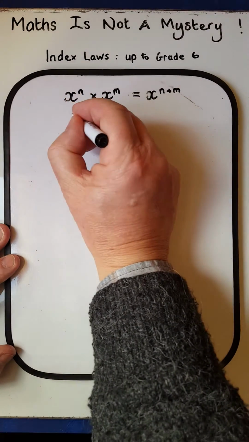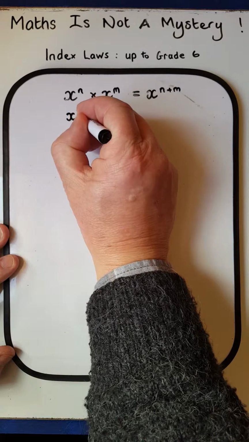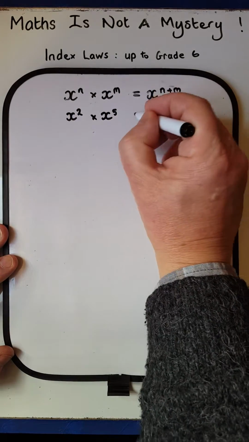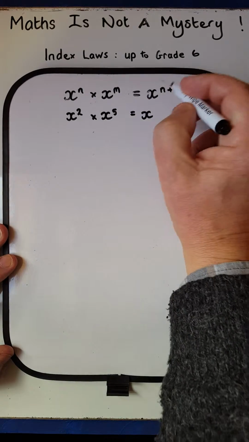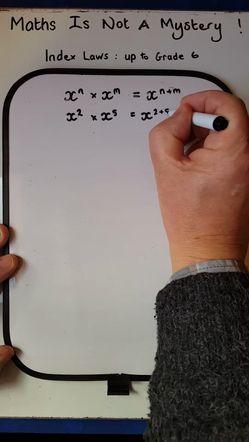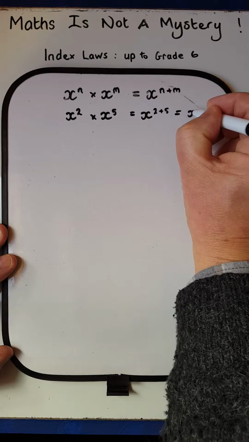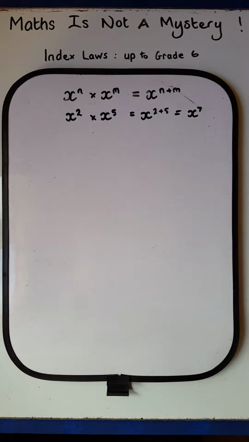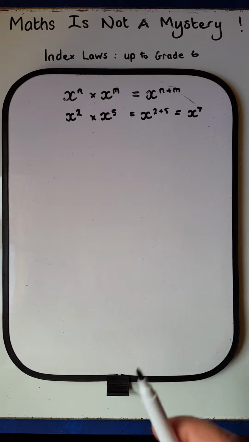Let's put some numbers to it. So x squared times x to the power 5 equals x to the power 2 plus 5, which of course is x to the power 7. And it's as simple as that.